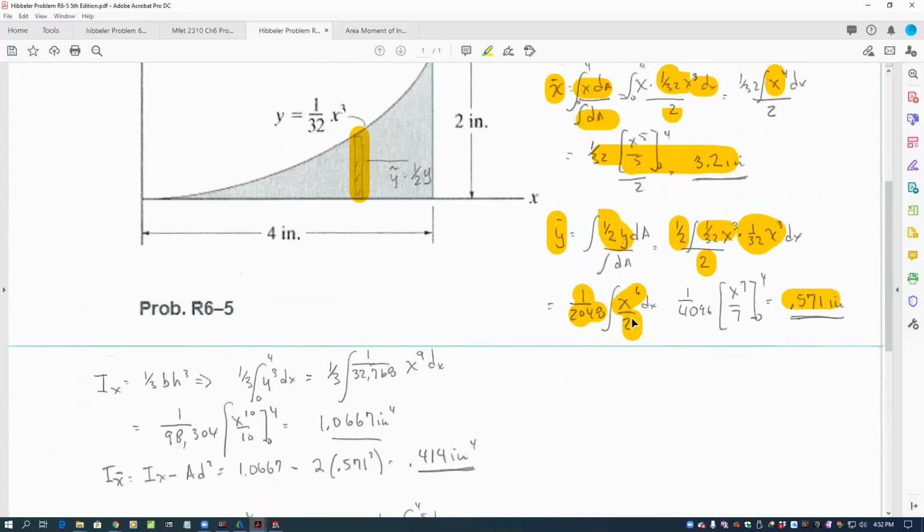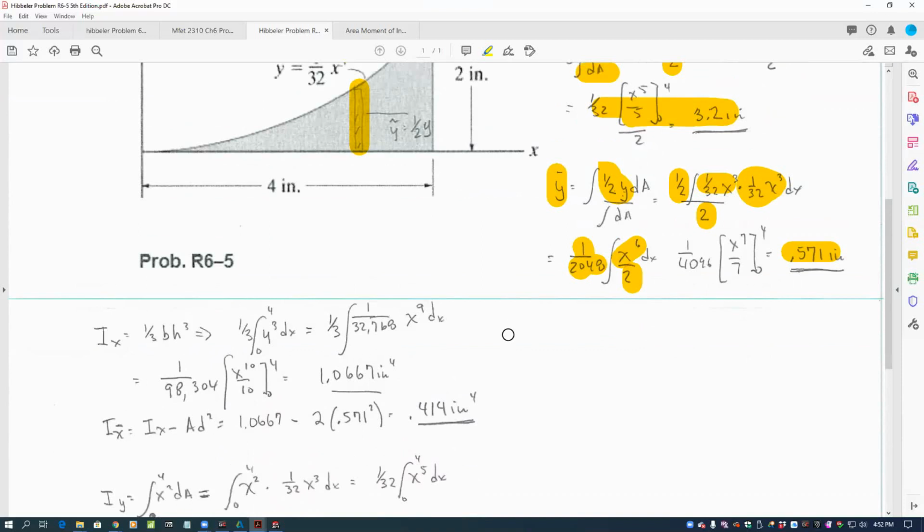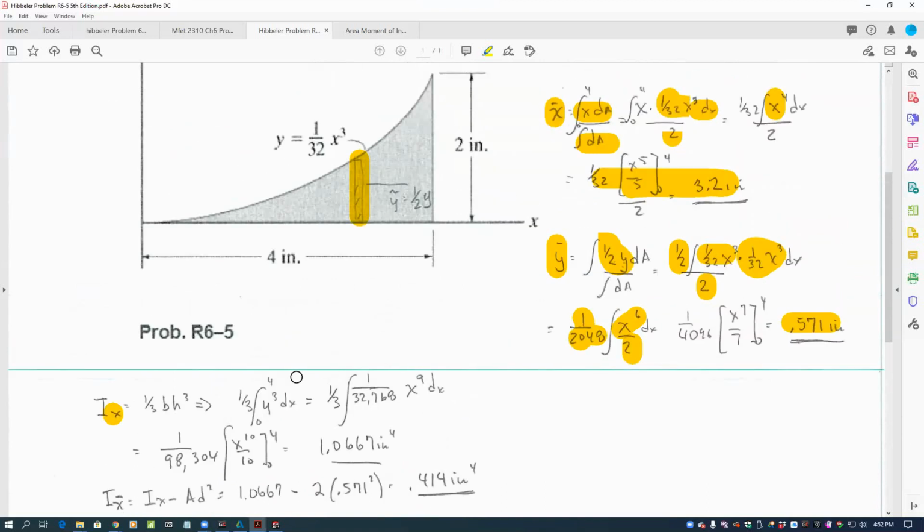So we'll validate these numbers also in our CAD system. Let's calculate the area moment of inertia with respect to the x-axis. Now, because all the elements inside this element change as we go from 0 to 4, we have to first calculate the moment of inertia with respect to the x-axis.